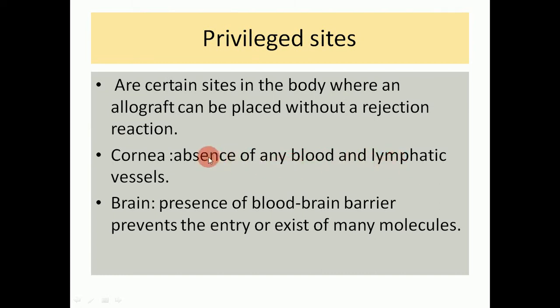So the ophthalmologist does cornea transplant without any rejection, and also the lens of the eye, also the brain, due to the presence of the blood-brain barrier, which prevents the entry or exit of many molecules.